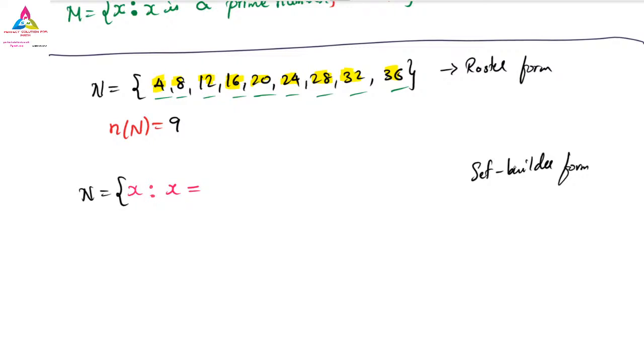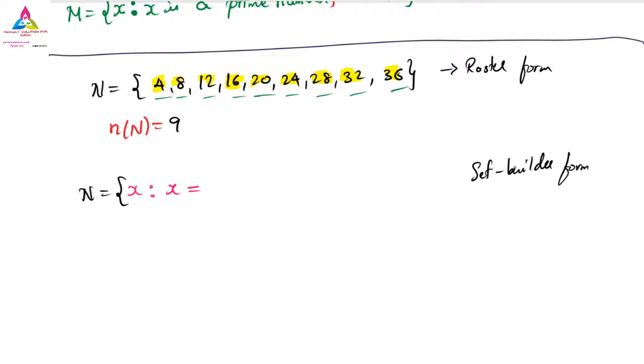Most important logic we have. If you understood the logic, we can write the answer. So anyone? Quickly you can answer it to me, otherwise I will write it down, no problem. x such that x is equal to what?